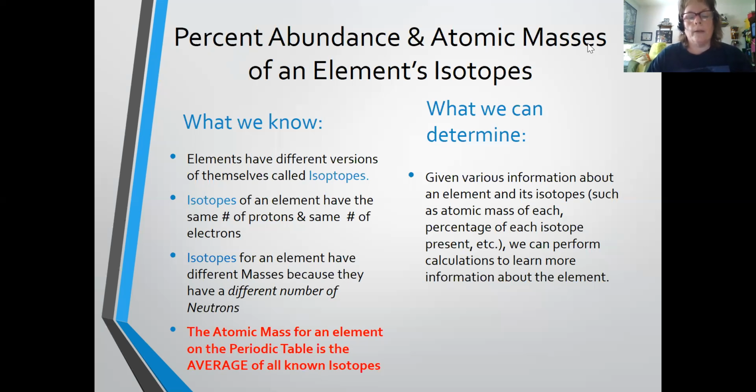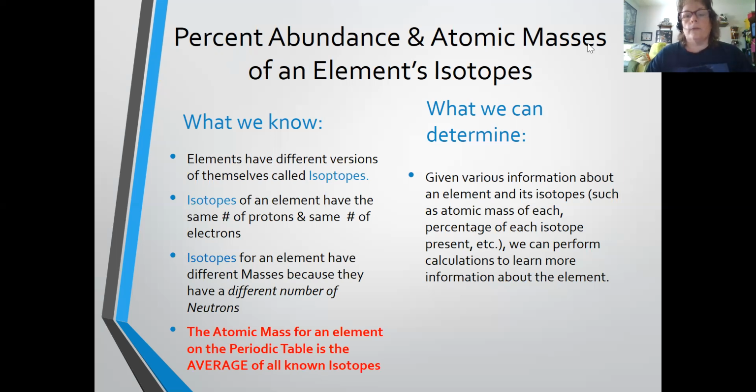The atomic mass for an element on the periodic table is the average of all known isotopes. Okay, because there are several isotopes for various elements. So the one they put on the periodic table is the average of the known isotopes. And of course, the one that shows up the most in nature will be the one that pretty much makes up the majority of that average, just like any average you do in numbers.